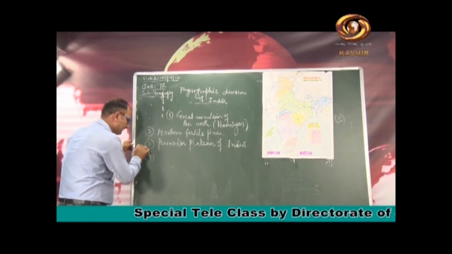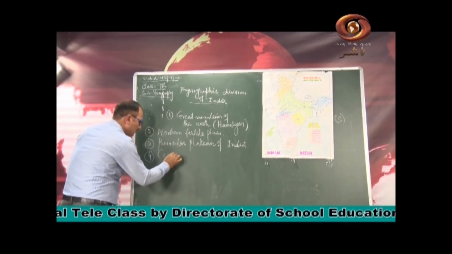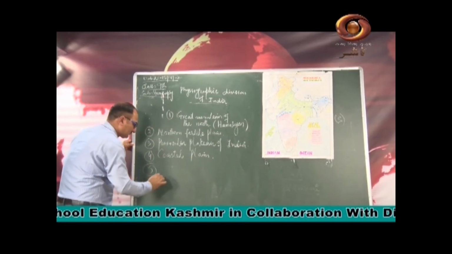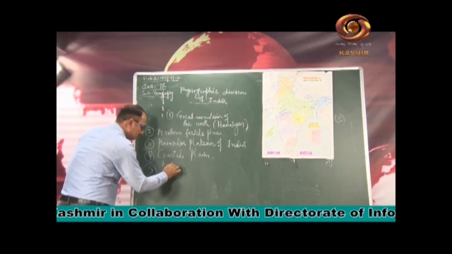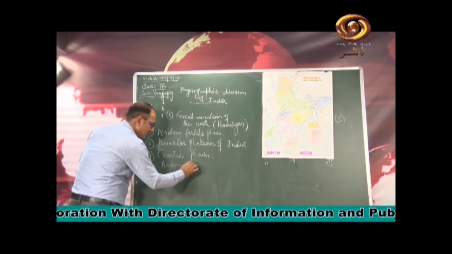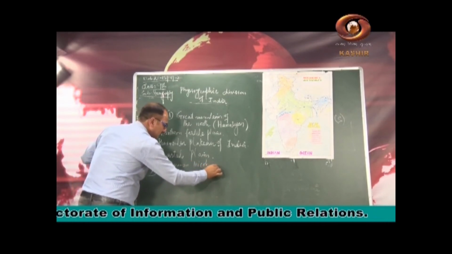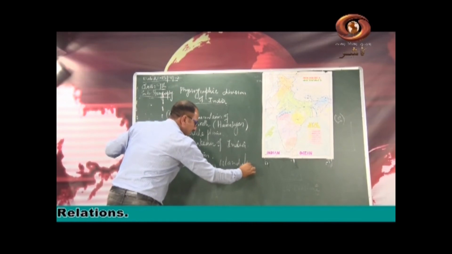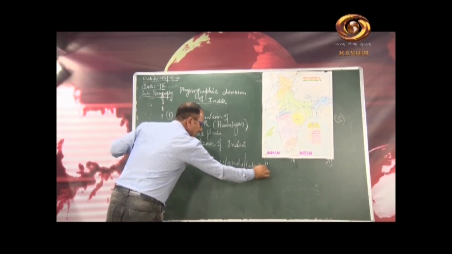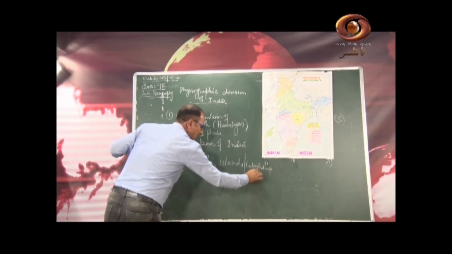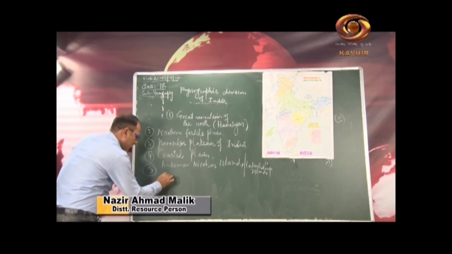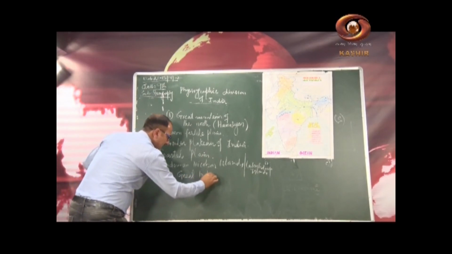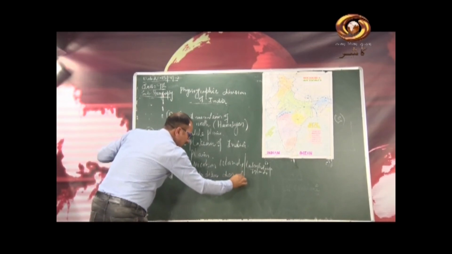Number 4 is coastal plains. Number 5 is Andaman Nicobar Islands, Lakshadweep Islands and Great Indian Desert.